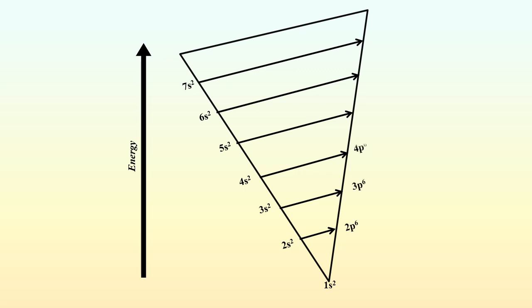These lines should be diagonal, inclined. After 4s there should be a 3d orbital, so 3d, 4d, 5d and 6d. Before 5d there should be 4f, so 4f and then 5f. So this is the energy level diagram for writing electronic configuration.